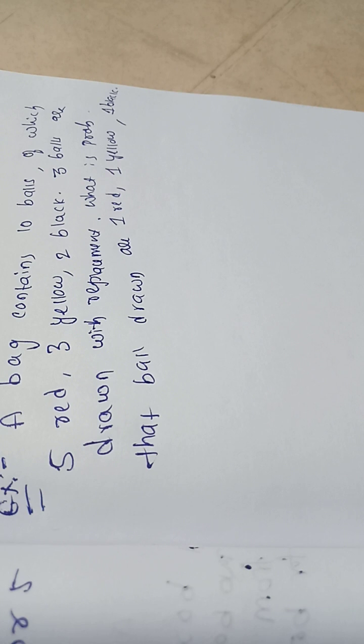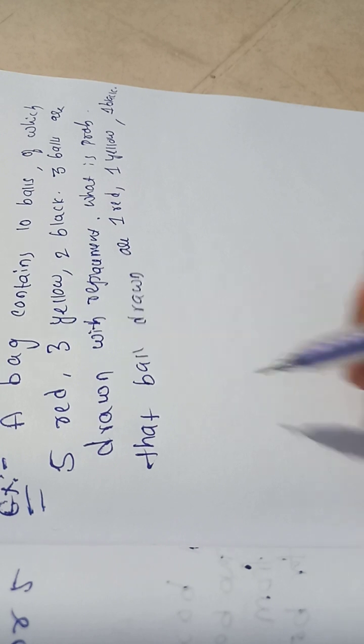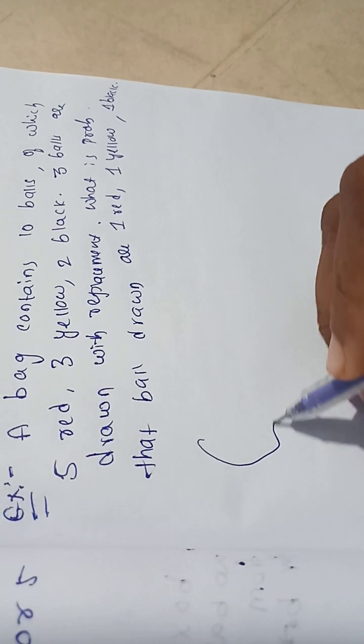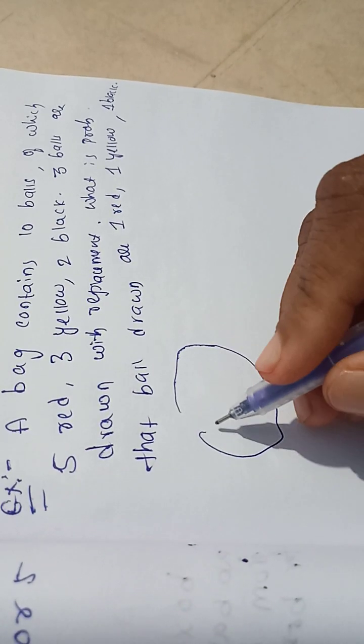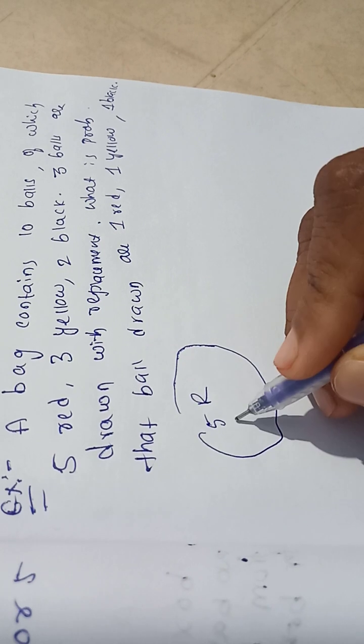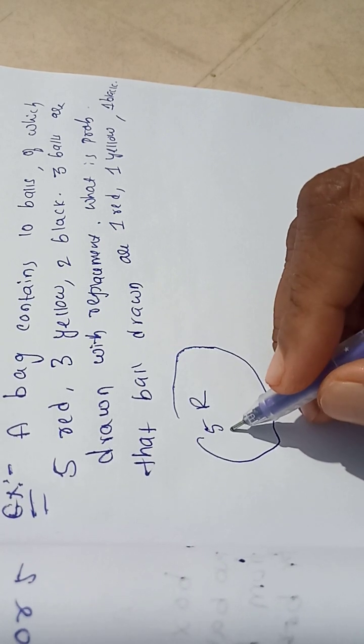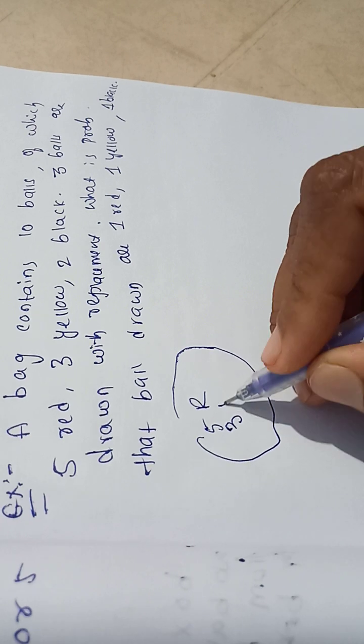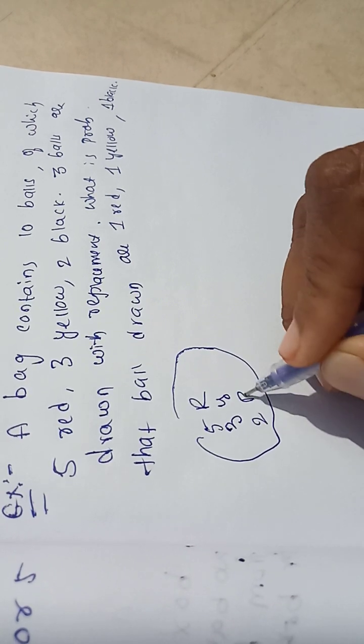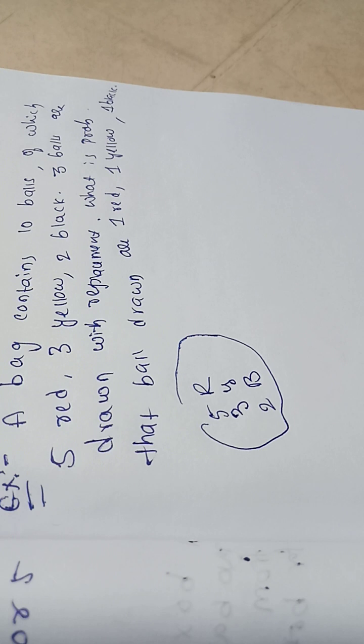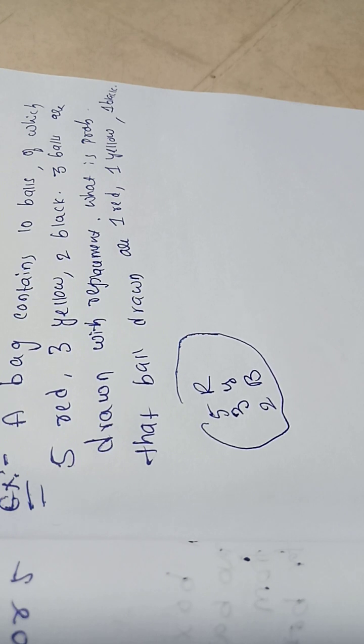Now let us see. Here what is he saying? He is saying that a bag contains some 5 red, okay, 3 yellow, 2 black, right? 3 yellow, 2 black.